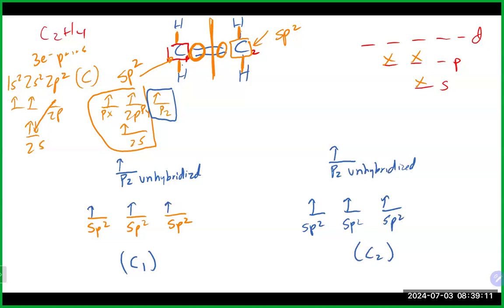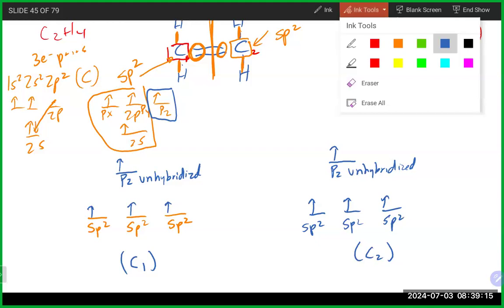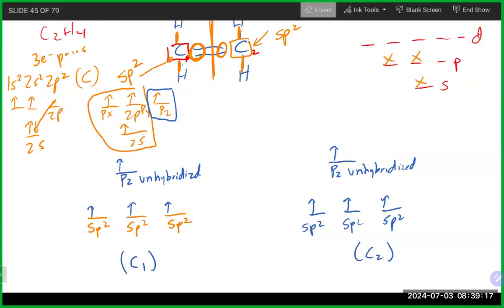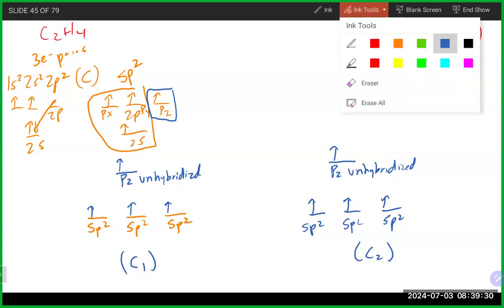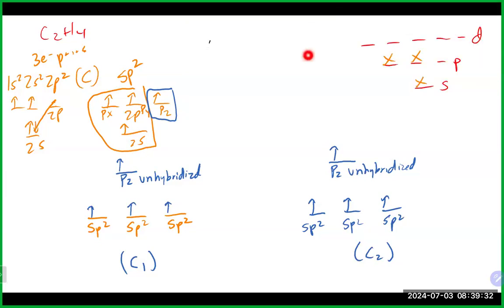Now the hybridization happens at our central atom. What I'm going to do now is erase all my scribble here and draw the original molecule.